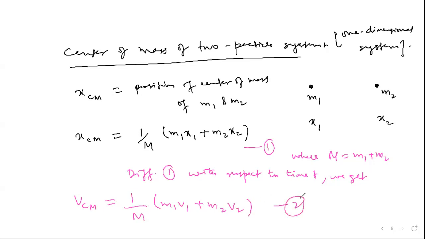Let this be my second, where v1 is velocity of particle 1, v2 is velocity of particle 2, right?